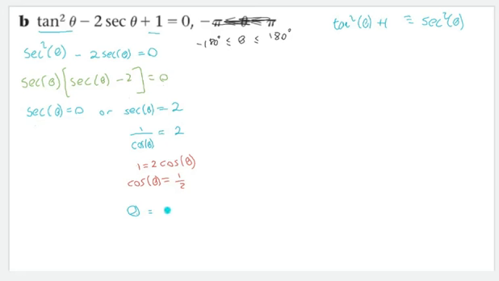Okay, so how did we do it? Cos negative 1 of a half equals 60. Okay, so from here we have theta equals cos minus 1 of a half, and the calculator would give us 60.